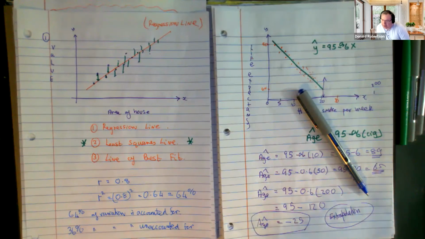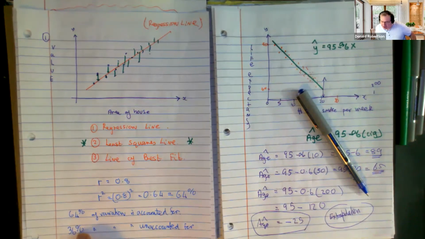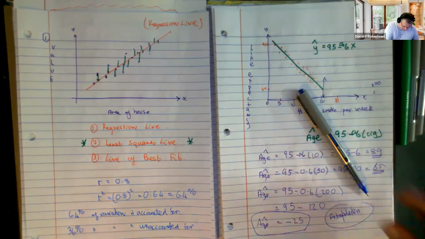Couldn't those other things be, I got a swimming pool, I got a view of the sea, my house is in pretty good condition, my house is in a horrible condition, my house is next to a drug den, right? 36% is unaccounted for. That allows a lot of wiggle room, doesn't it, in what your house is going to be worth.